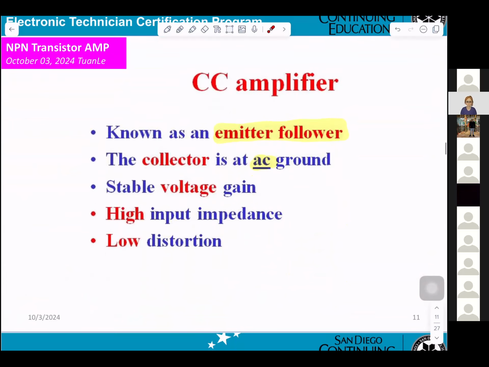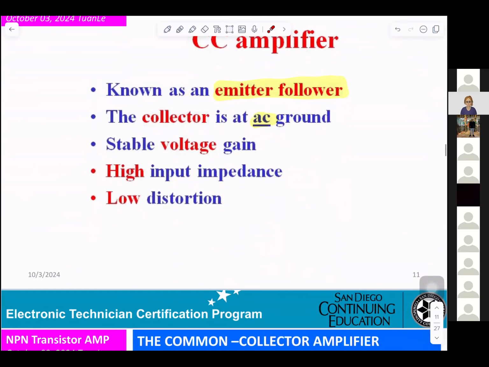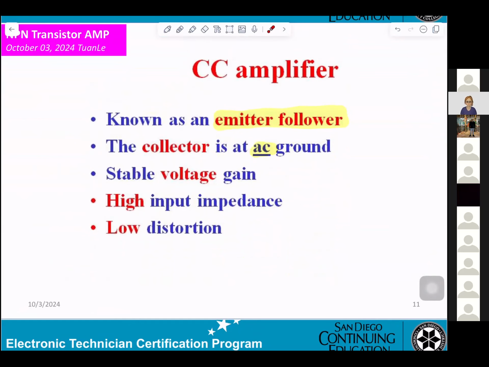Now, CC amplifier. Normally, you understand when I say CE amplifier, CE means common emitter. That means the emitter will be connected to the route in the amplifier.